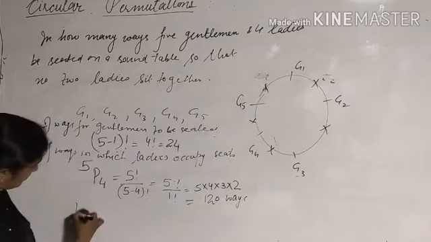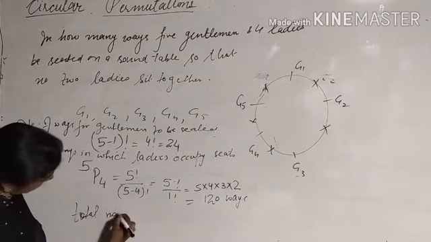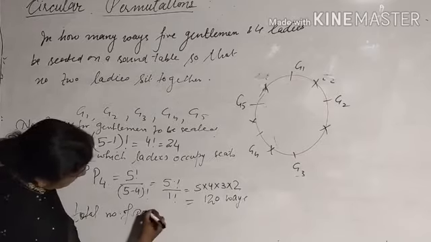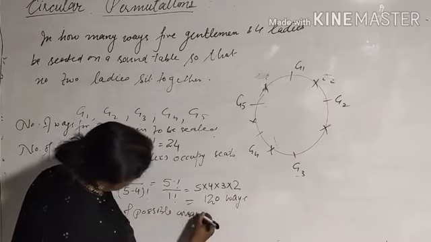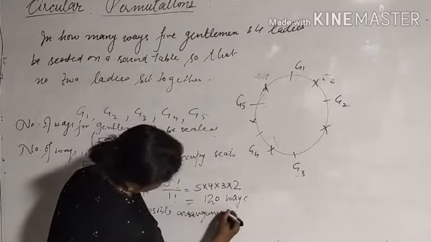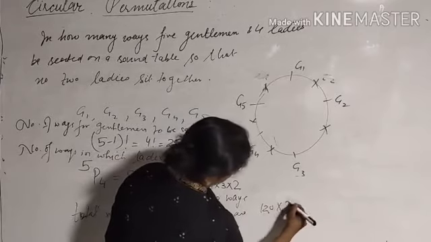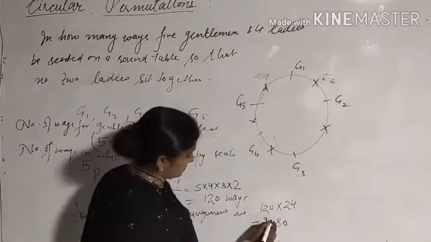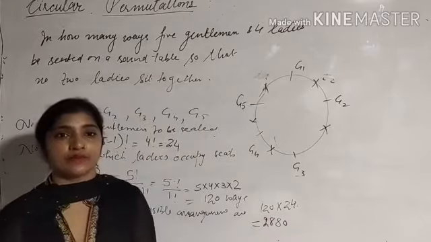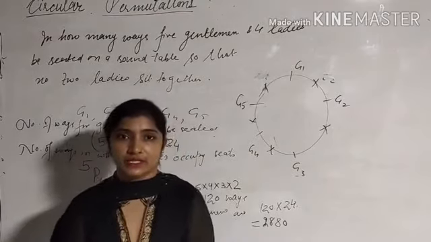So the total number of possible arrangements are 120 multiplied by 24. So this is 2880. So the number of possible ways are 2880.